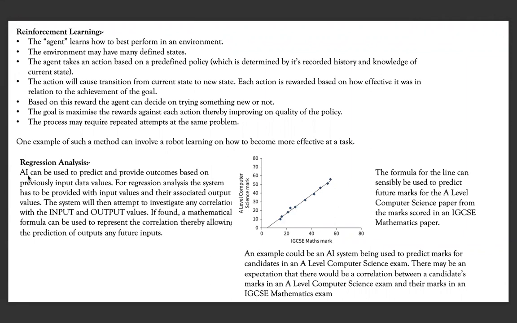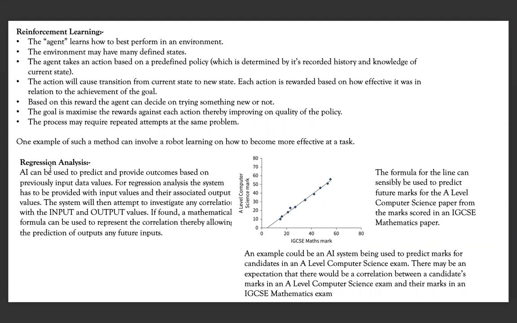Now let's discuss regression analysis. Basically, regression analysis causes my artificial intelligence system to analyze a few inputs, and based on those inputs, it attempts to predict further values by trying to identify a certain trend in the values.